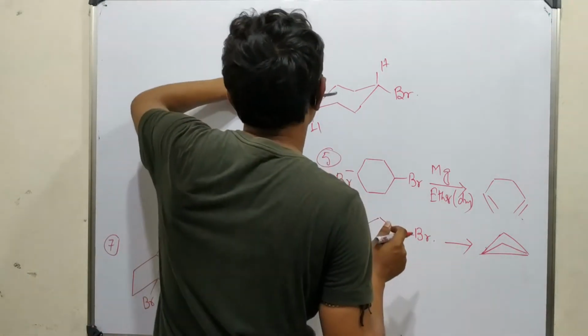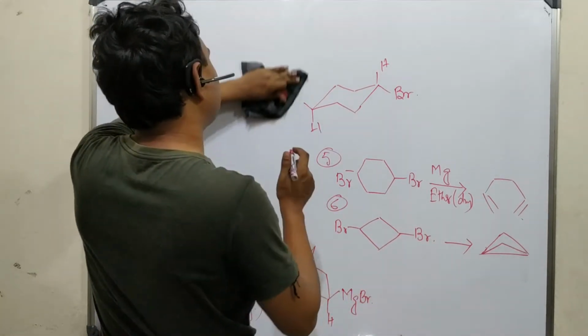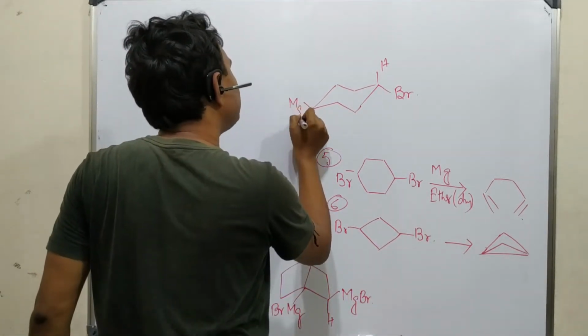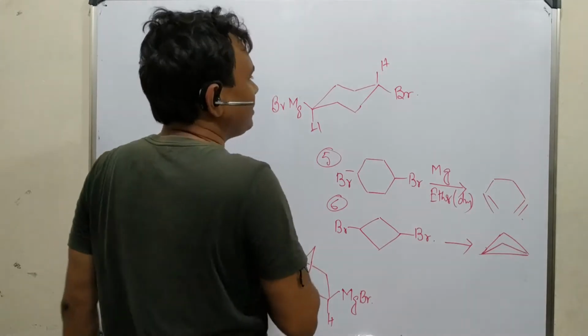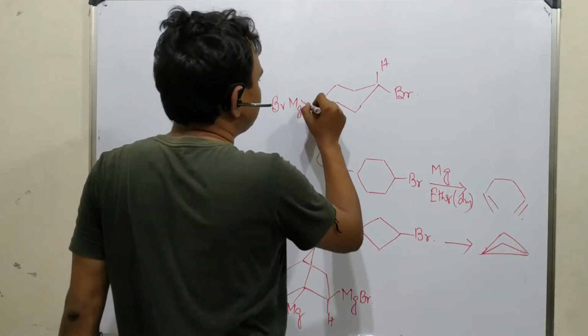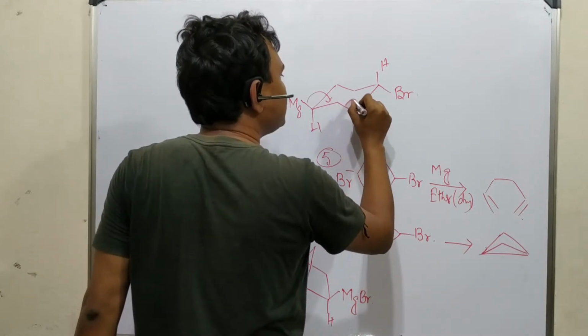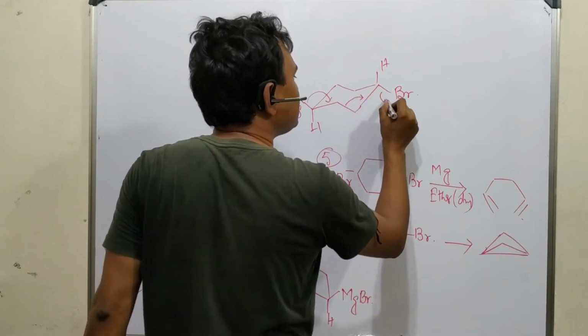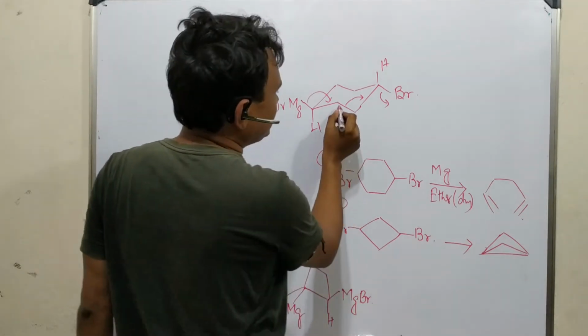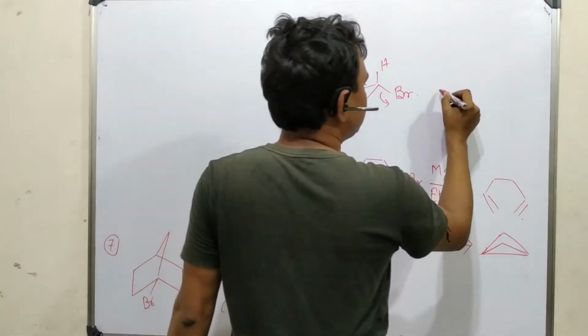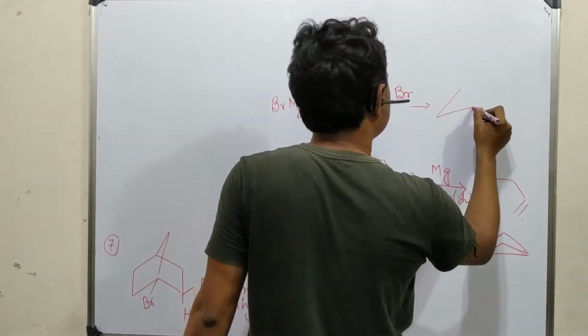So what happened? Let's consider one part is converted into the Grignard reagent, MgBr. Now what will it do? This carbanion will push here and it will push here, and finally produce, see, this bond is broken, so just draw as it is.